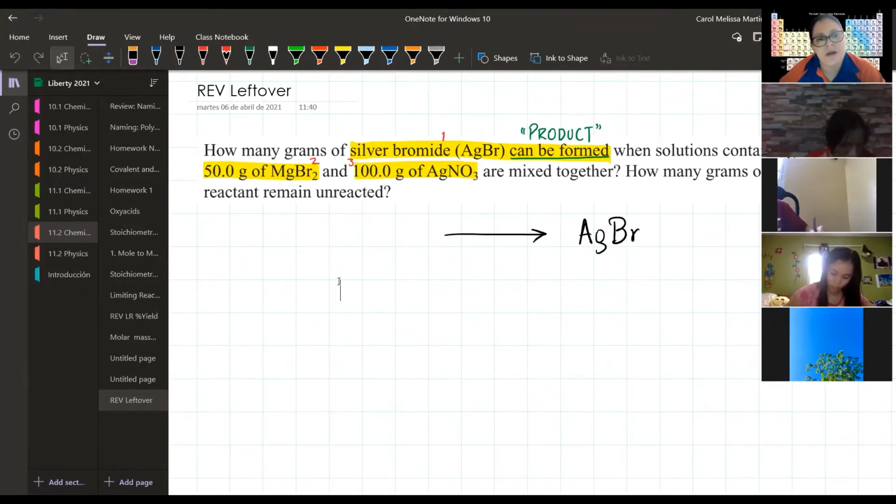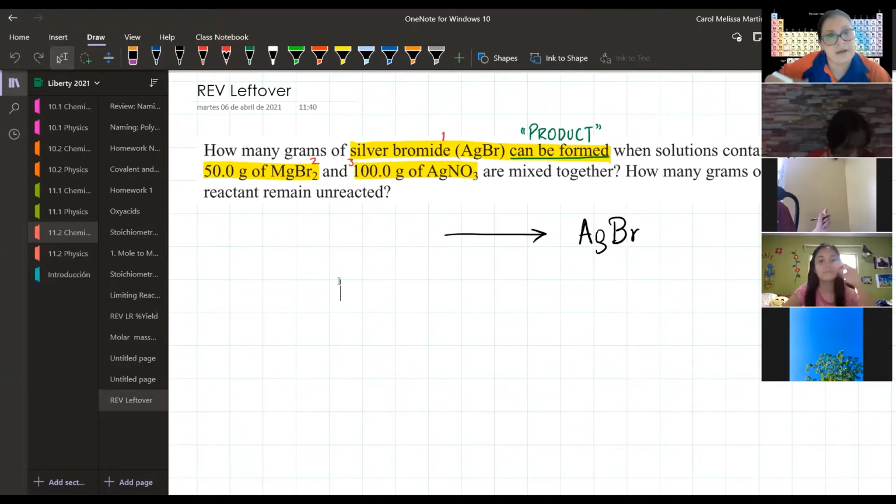Okay. Now, it says when solutions containing magnesium bromide and silver nitrate. Substance number 2 and 3, are they products or are they reactants? Reactants. They are reactants, okay?